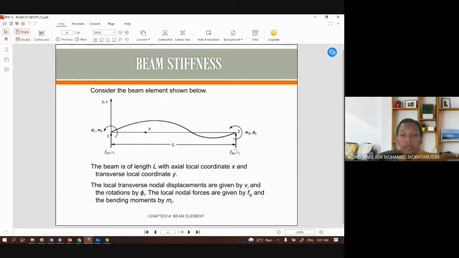Then we have the length of the beam, L. On each node we have a force, F1y acting upward, and F2y at node 2. Small v is the displacement of the node. Here we only consider displacement in the y direction, because we assume the beam only bends and doesn't move horizontally.